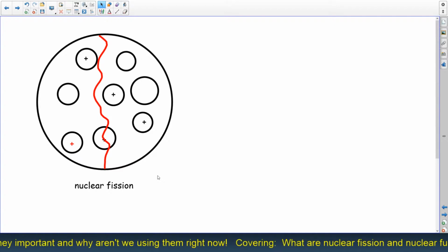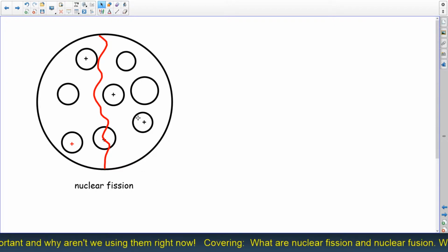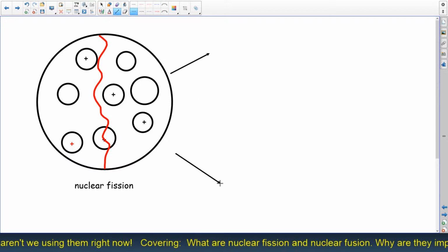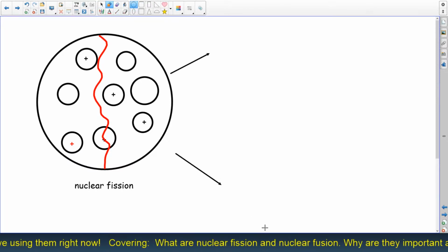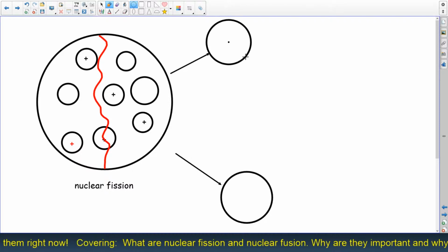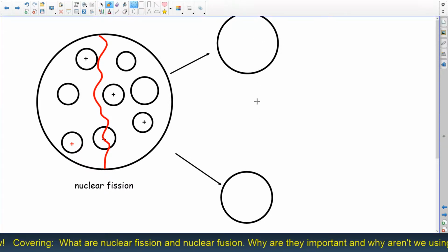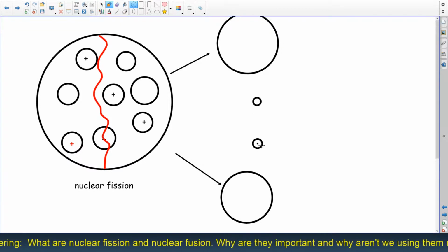So in this split up here, you get a crack down the middle, and then out comes a couple of random shards that will go on to form 2 new nuclei, and then you might get some little bits and bobs left over that didn't make it into either.